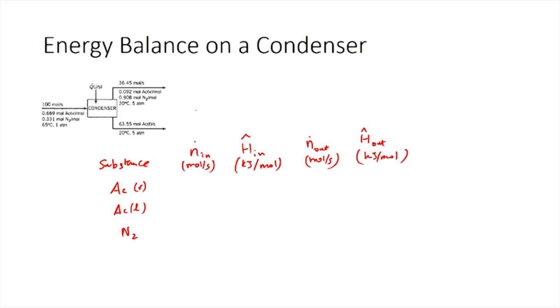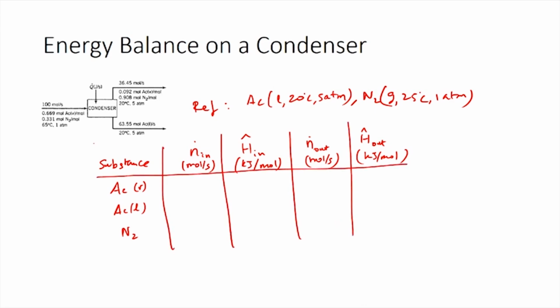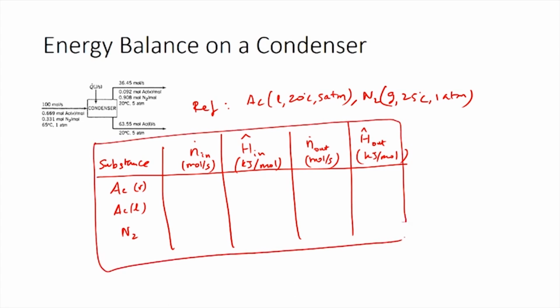So, we should not forget that the reference conditions which are used are acetone liquid 20 degrees Celsius 5 atmospheres and nitrogen gas 25 degrees Celsius 1 atmosphere. So, this is the table we would be looking to use. So, our goal is to fill this table.